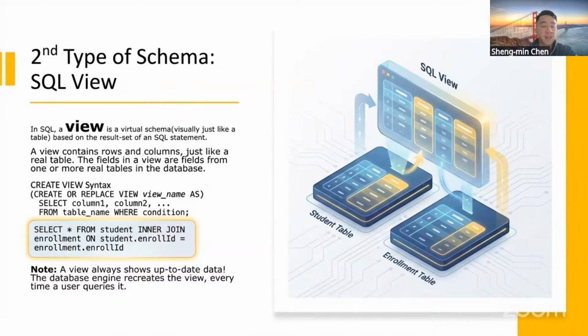And so in that case, when you're getting it, you don't have to worry that it has outdated data from the last time you queried this table. If there was any update on the underlying tables, then it would be reflected on the view because it reflected on the select query.